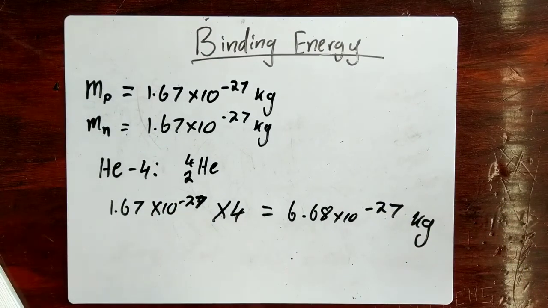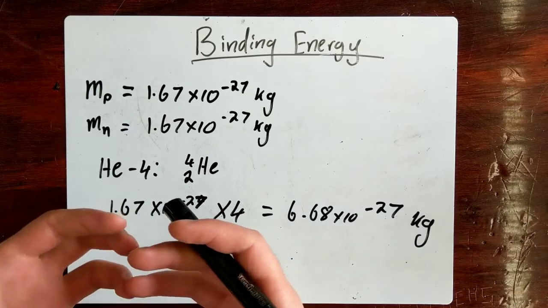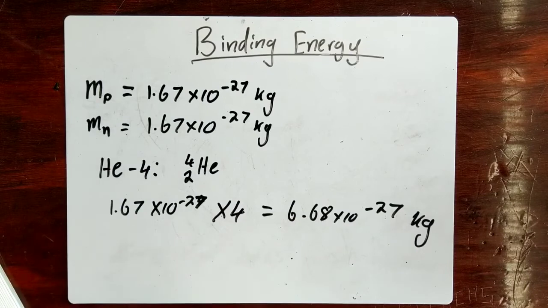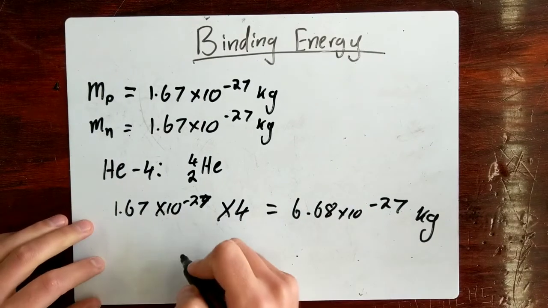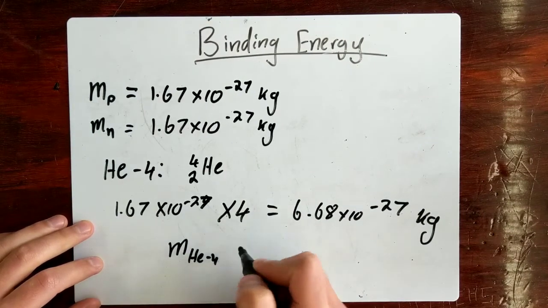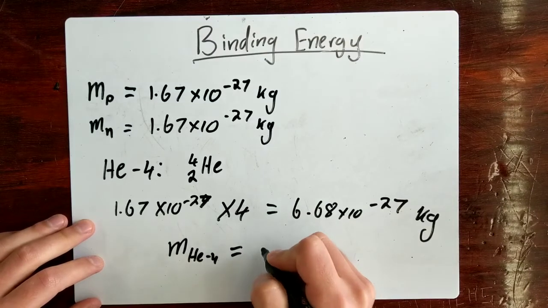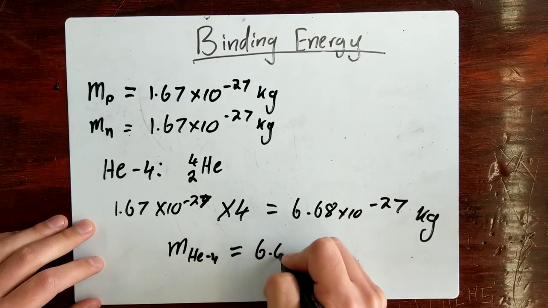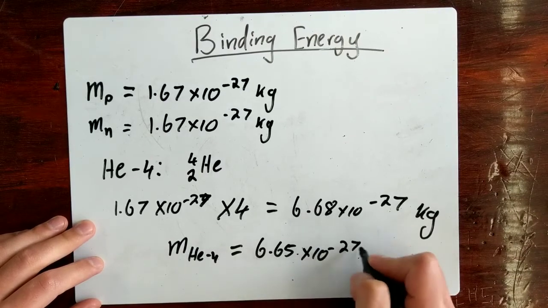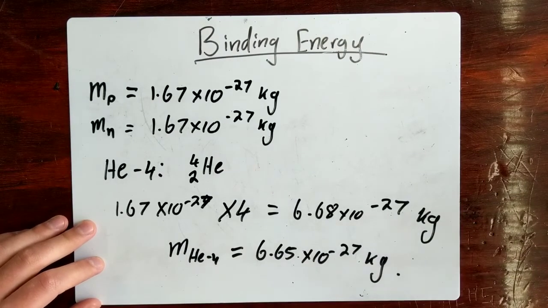However, when we actually weigh the mass of one helium nucleus, and I'm not going to go into now how scientists can work that out, but when scientists work out what the mass of a helium-4 nucleus actually is, they find out that it's actually 6.65 times 10 to the negative 27 kilograms.